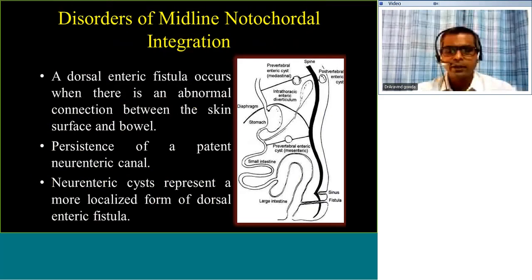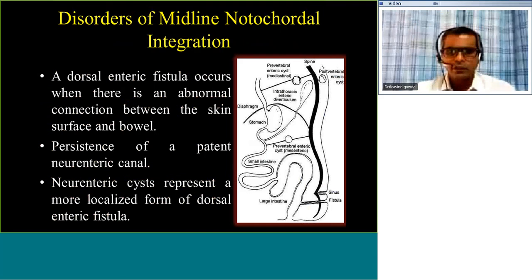So when there is a persistence of the tube, that is the neuroenteric canal, notochordal canal, then it will give rise to the neuroenteric cyst and the dorsal enteric fistula, because this is at various levels of gradation.